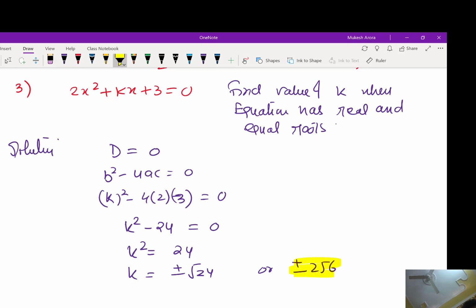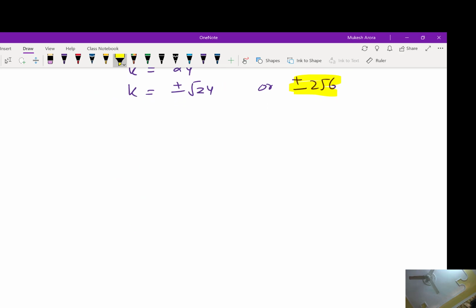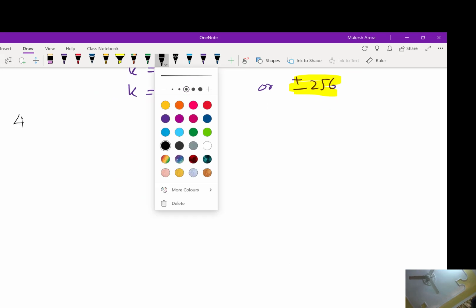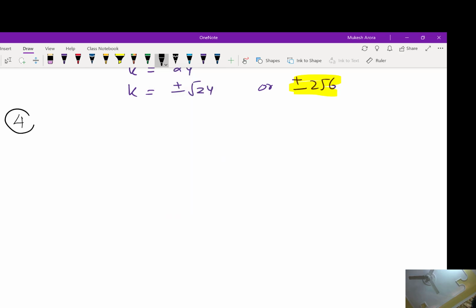So this was one situation. Another situation is 2x square plus 5x plus k is equal to 0.